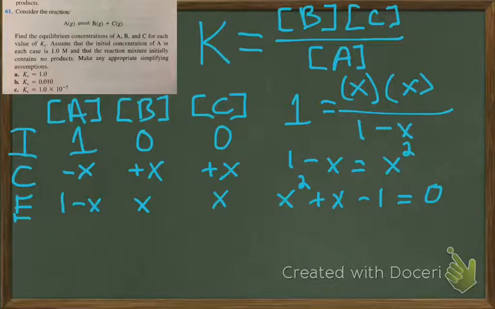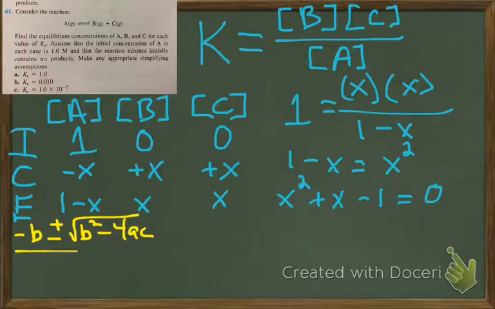Now, that means we're taking out this guy. Did you guys have to memorize the quadratic equation? Remember, negative b, plus or minus the square root of b squared minus 4ac, over 2a.